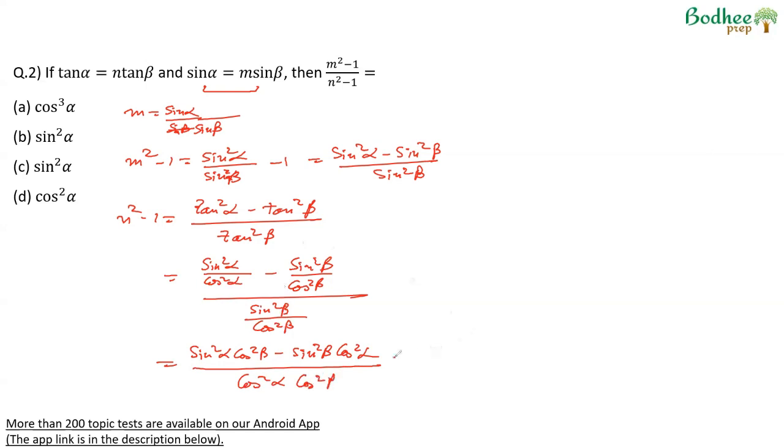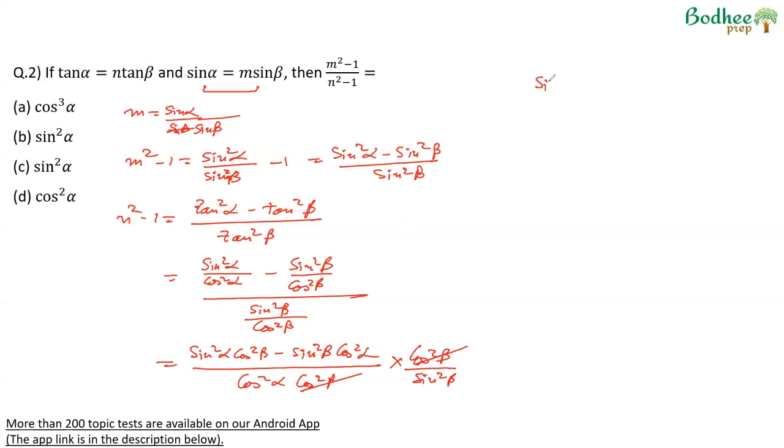The denominator will become inverse. Therefore, this will become cos square beta upon sin square beta. Cos square beta cancels. Further, since the values in this equation are sines in the numerator, we convert these values to sines.